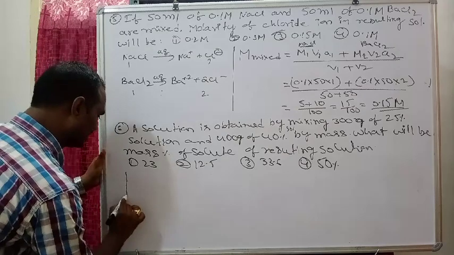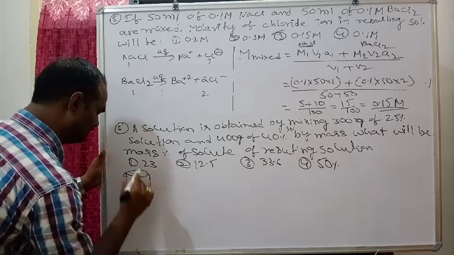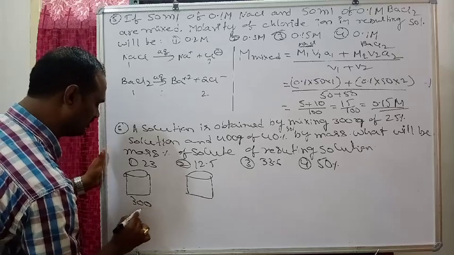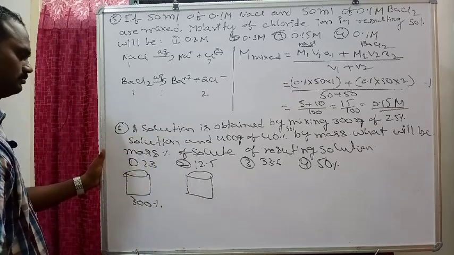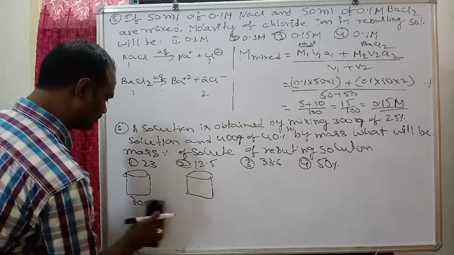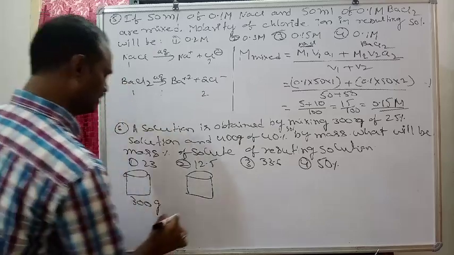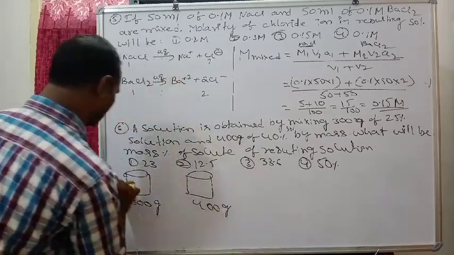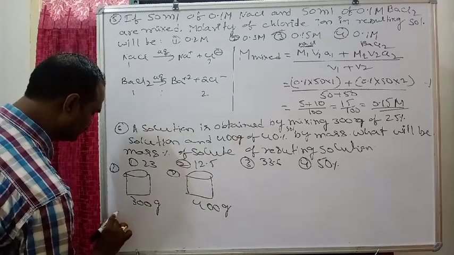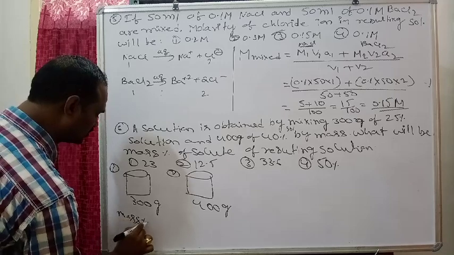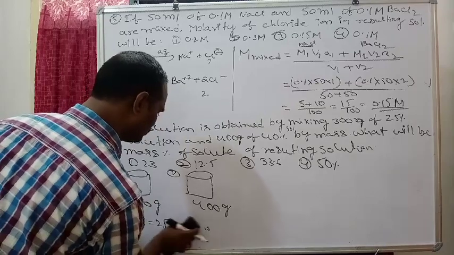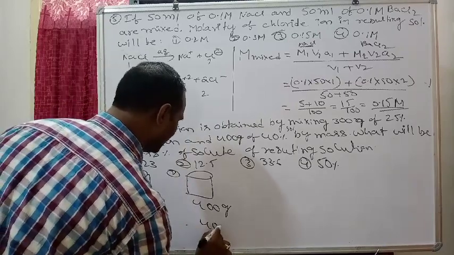Here they have taken two solutions, solution 1 and solution 2. Solution 1 is 300 grams, solution 2 is 400 grams. In the first, mass percentage is 25, in the second, mass percentage is 40.